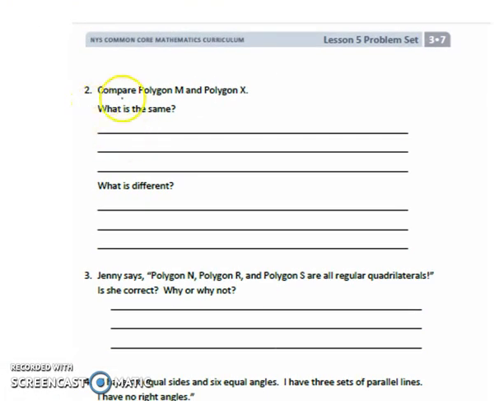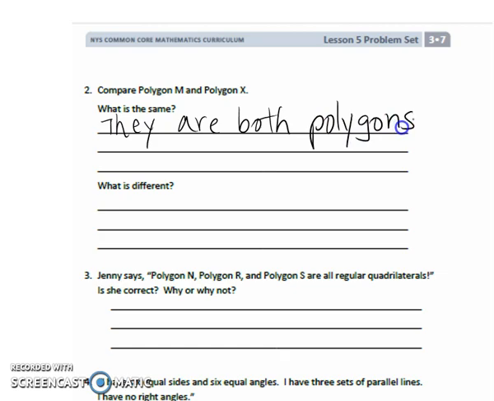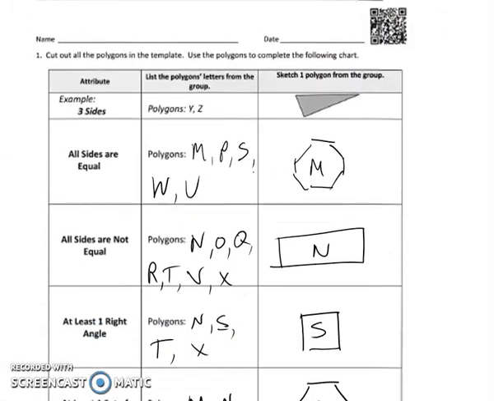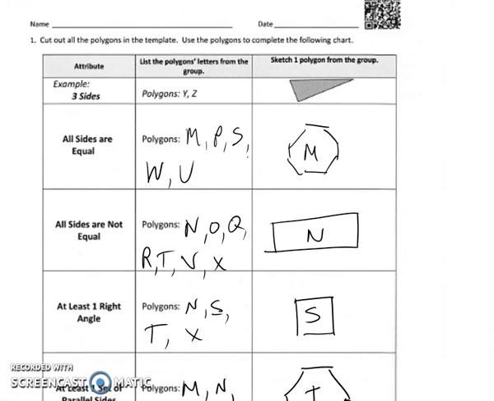Okay, it says to compare polygon M and polygon X. What is the same? Well, they're both polygons, right? If I look back at my attributes, M is a regular polygon, X is an irregular polygon. So that's an important difference to make.